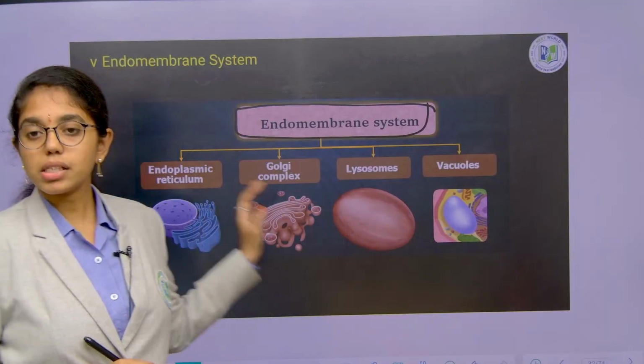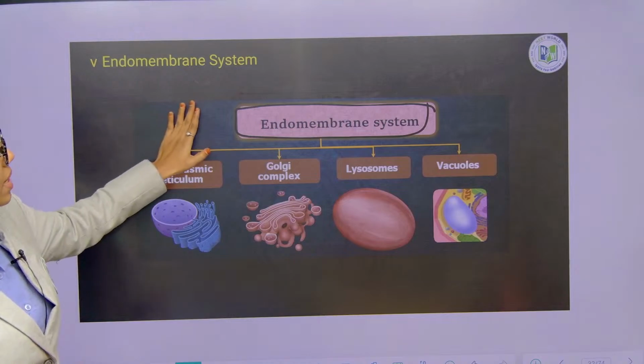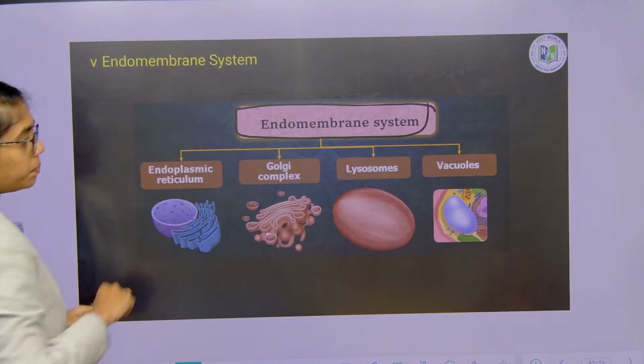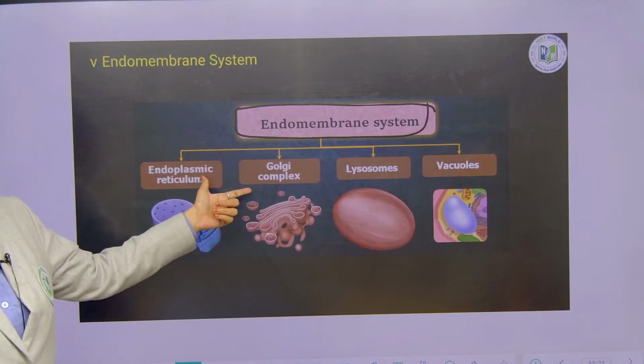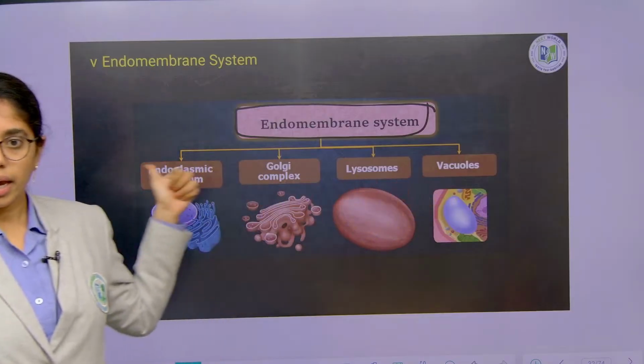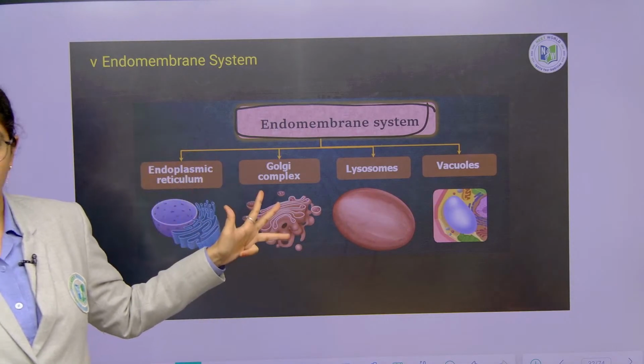This is teamwork. So, the endomembrane system includes endoplasmic reticulum, Golgi complex or Golgi bodies, lysosomes and vacuoles.